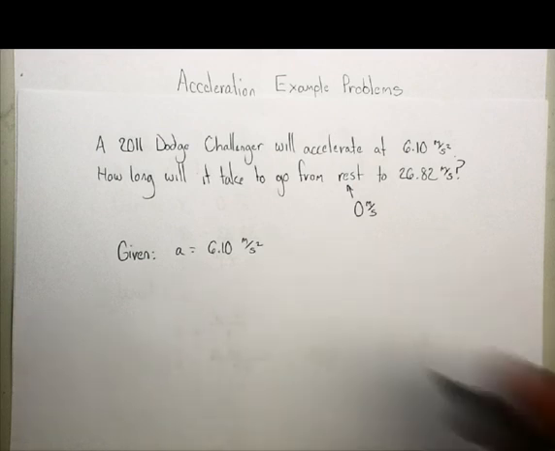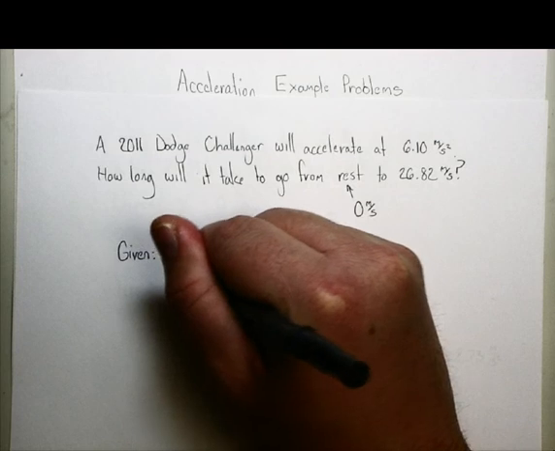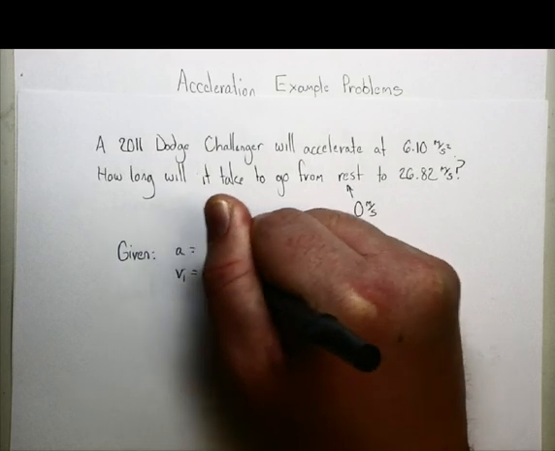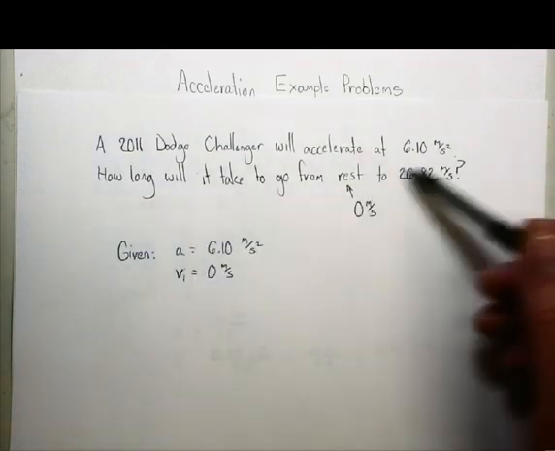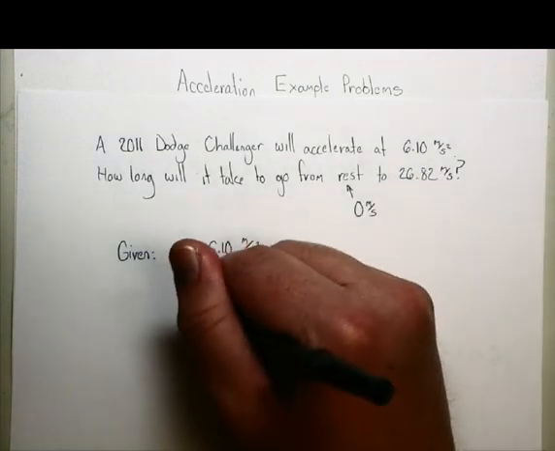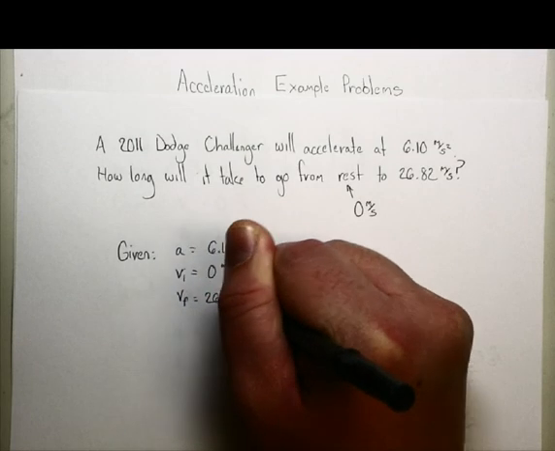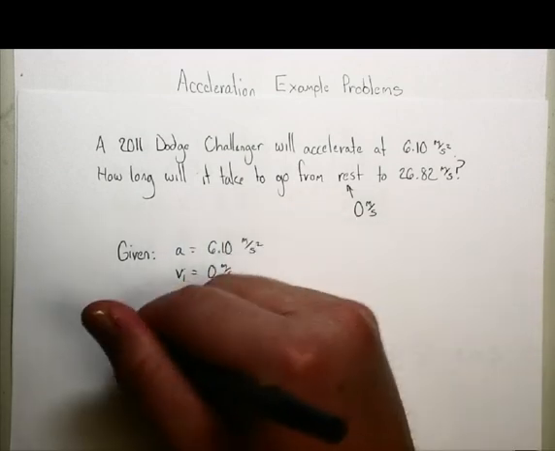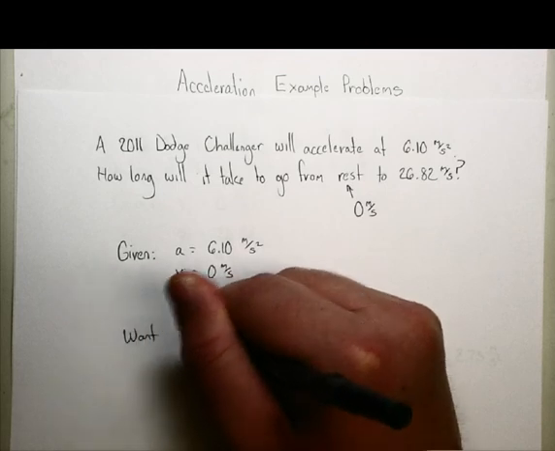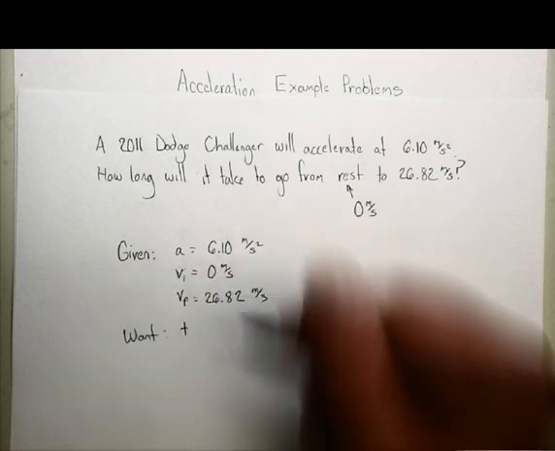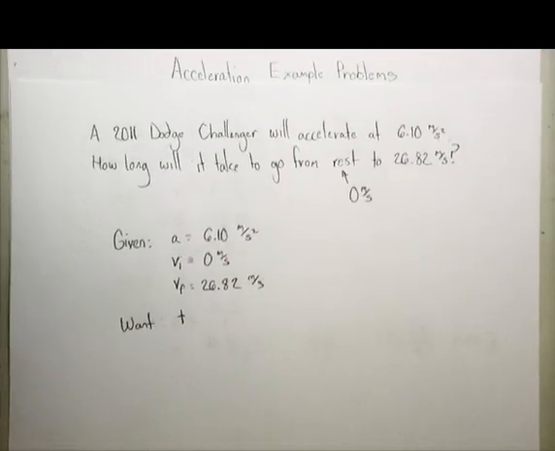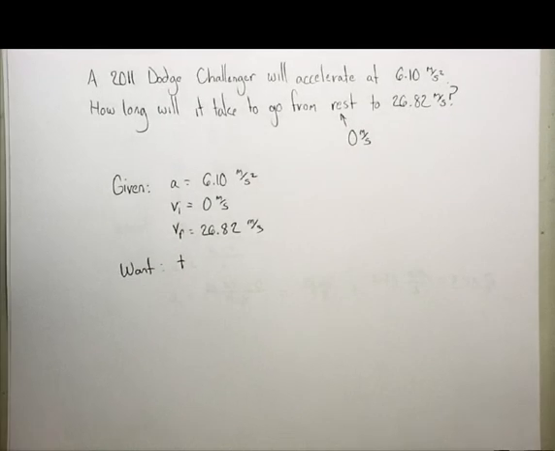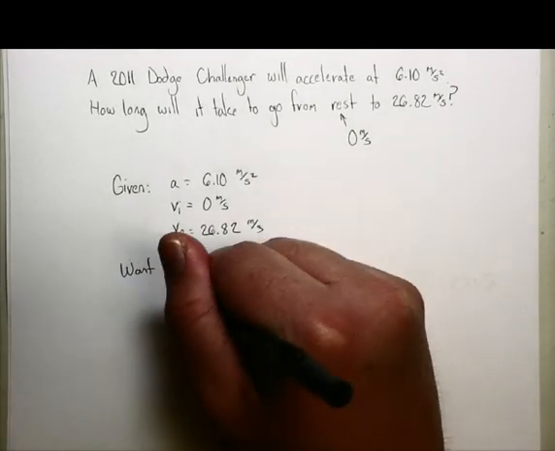That must be where we're starting at. So our initial velocity is 0. Going to 26.82, that must be our final velocity. And in fact, it is. And we want the time. So just as before, we set up our equation.